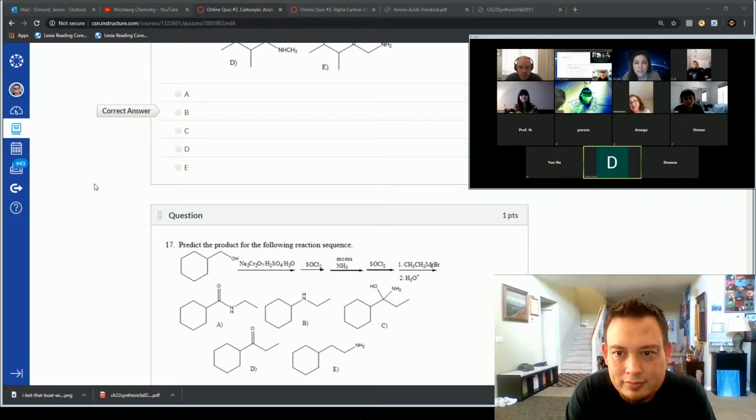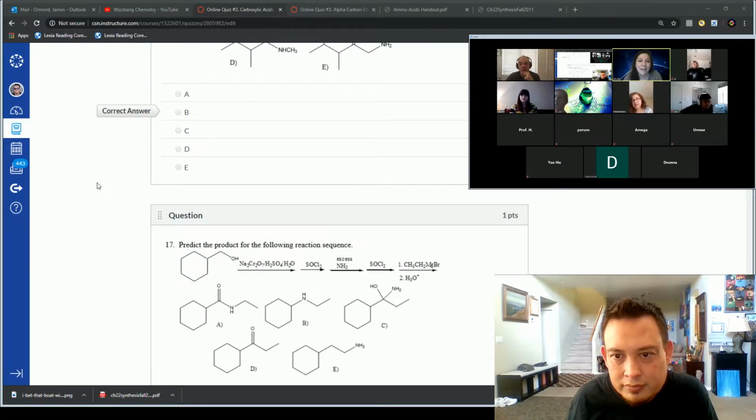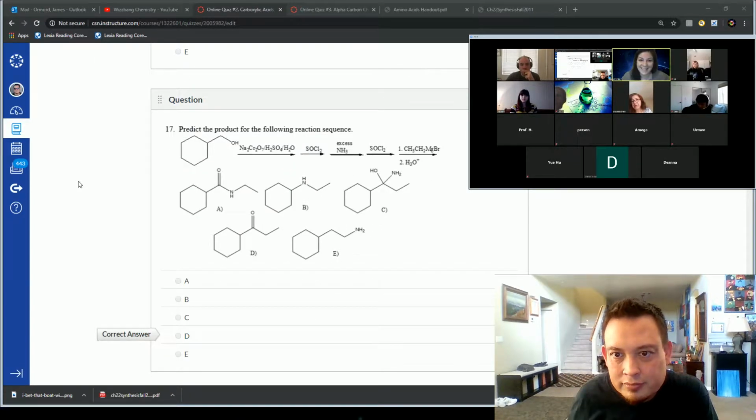I know I learned it changes to a C triple bond N, but I don't remember that being something we went over, so it was not in my notes. It makes sense after the excess NH3. If I thought about it more, it would have made sense, but I was just like, I'm going to ignore that. Just pretend it's not there. Did not work out for me.